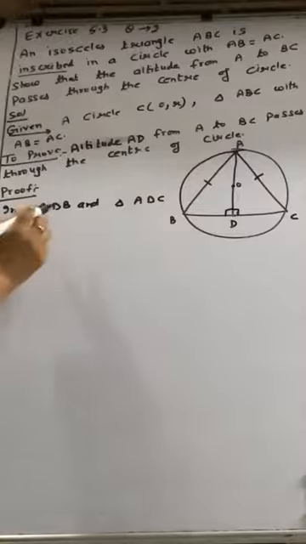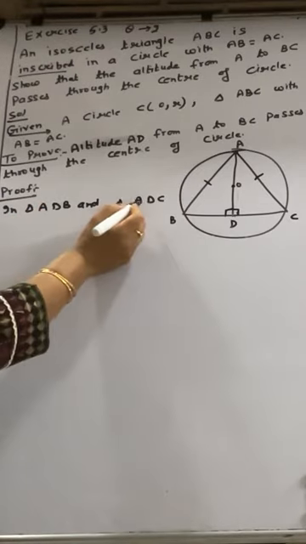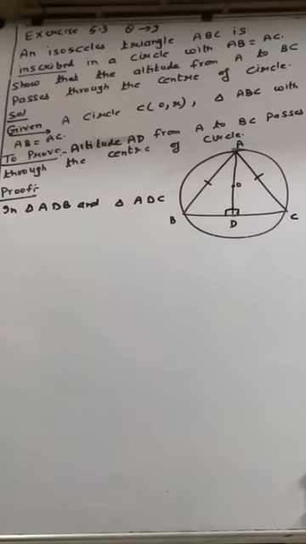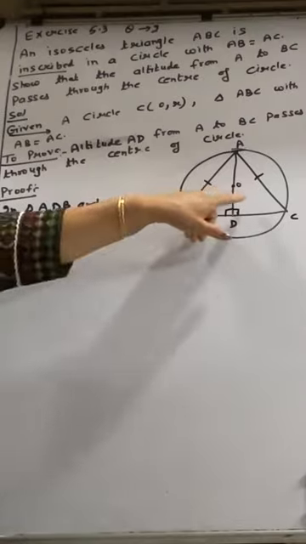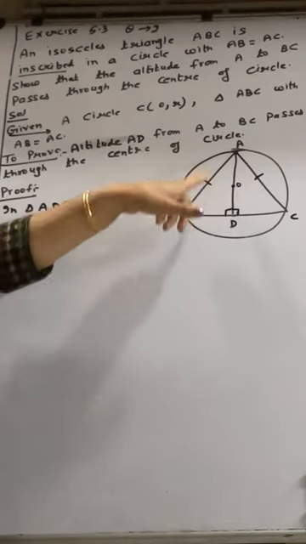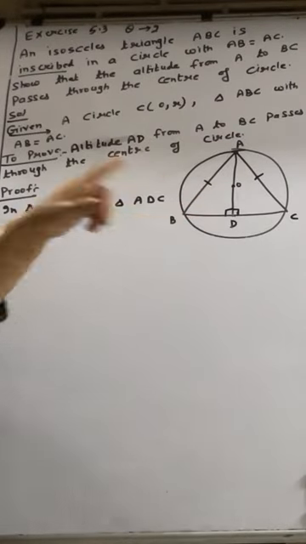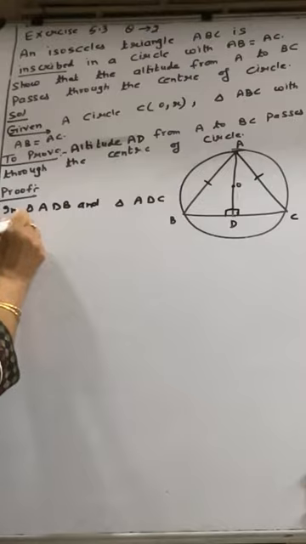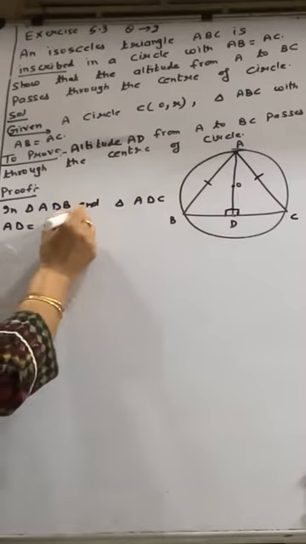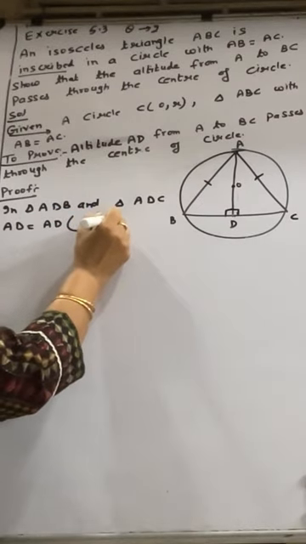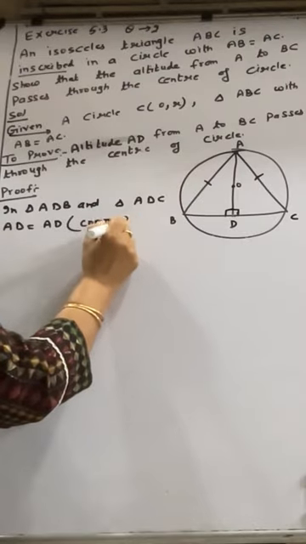What is the common side over here? If you see AD and AD, these two vertices are common. Here I have AD, here I have AD. And if I look at these two triangles, AD is a common side. So I will write AD equals AD, and inside the bracket I will write that it is the common side.